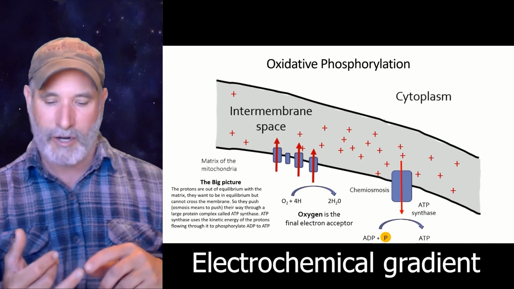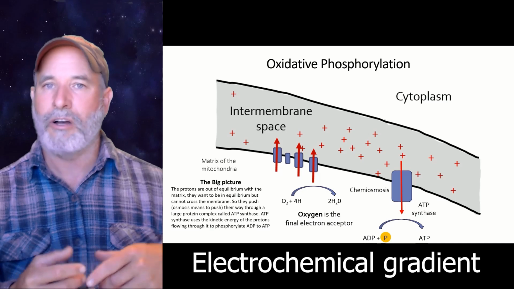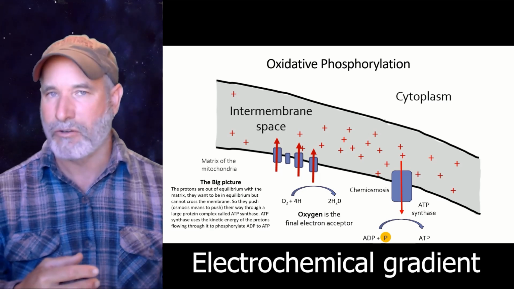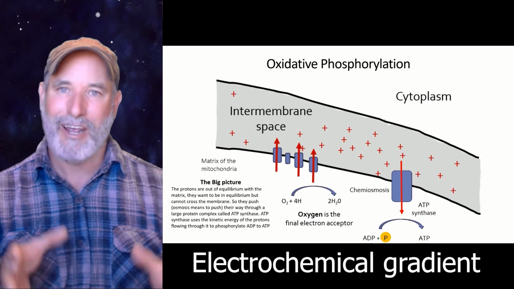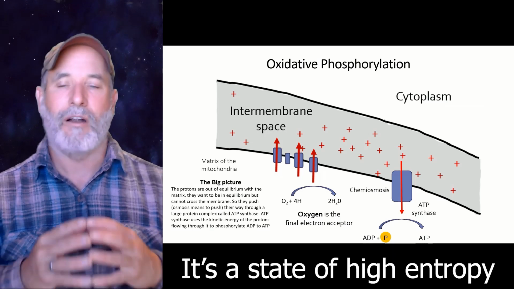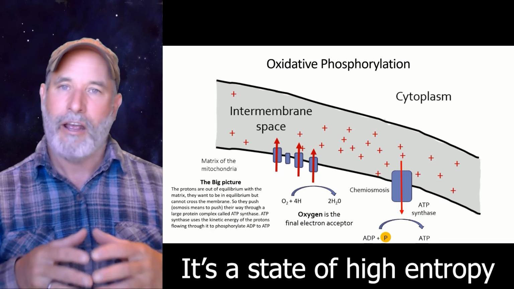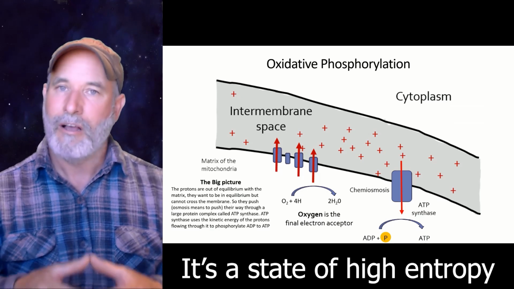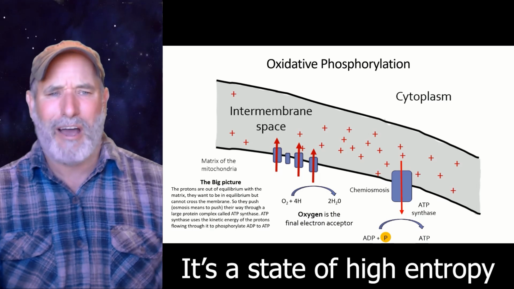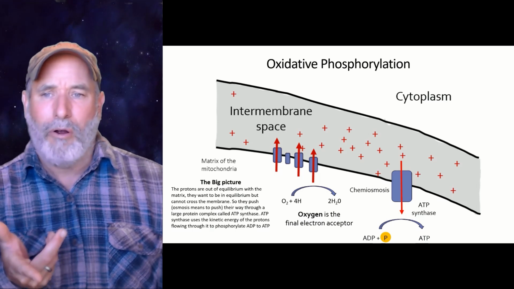That's your electrical gradient. Because there are more protons on one side of a membrane than another, that is a chemical gradient. Hence, you put them together, you've got an electrochemical gradient. And these things are out of equilibrium with the matrix, and they want to be in equilibrium. The universe is always trying to be in equilibrium because it's stable that way. But the protons are ions.